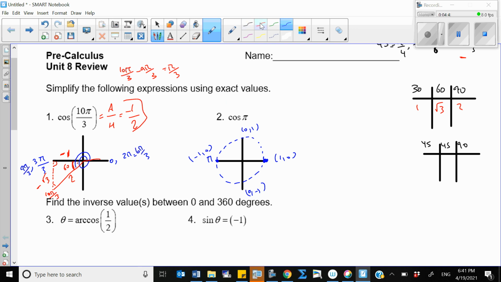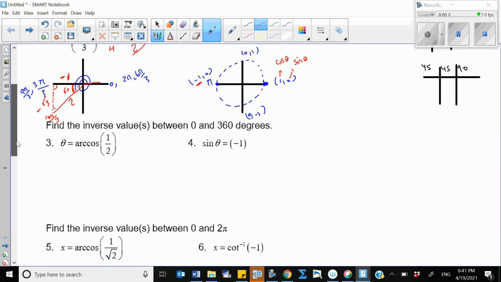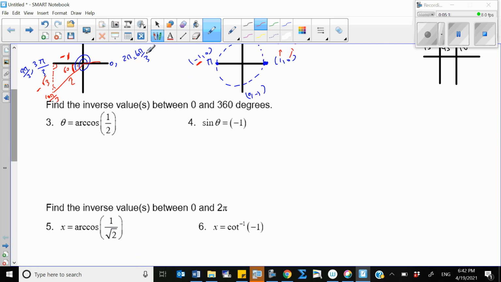Considering these coordinates, the x value is cosine of angle theta, and the y value is sine of theta. I'm looking for cosine of pi. That means I need the x value of this point, which is equal to -1. And we're done.